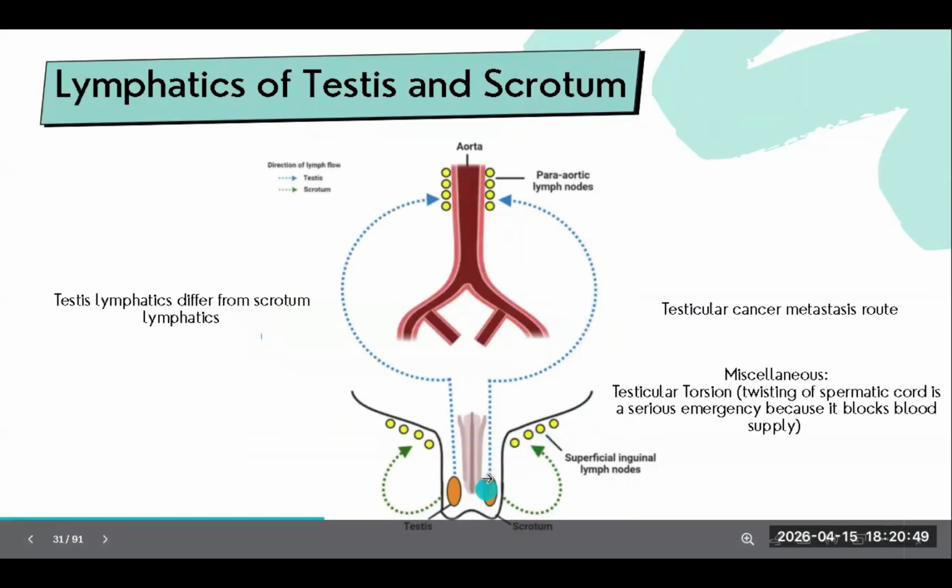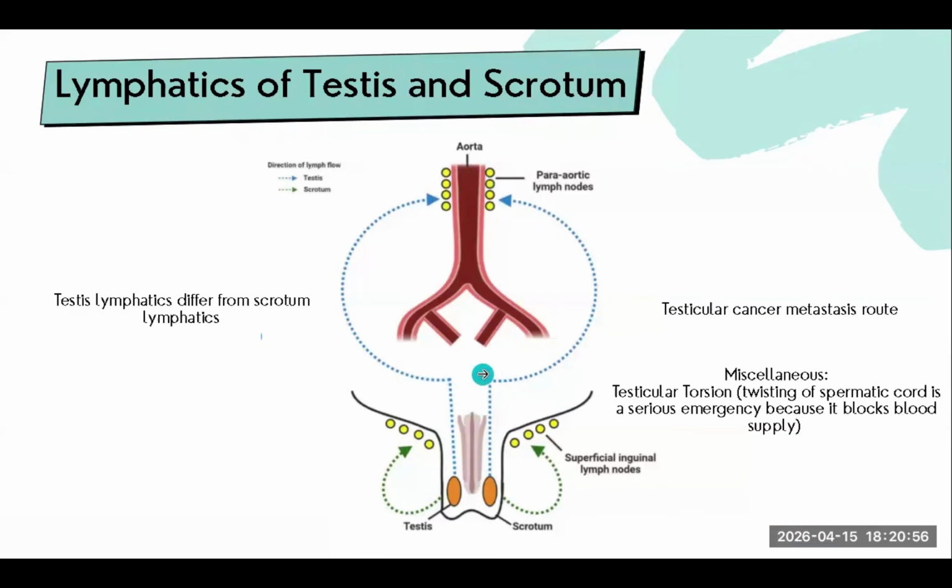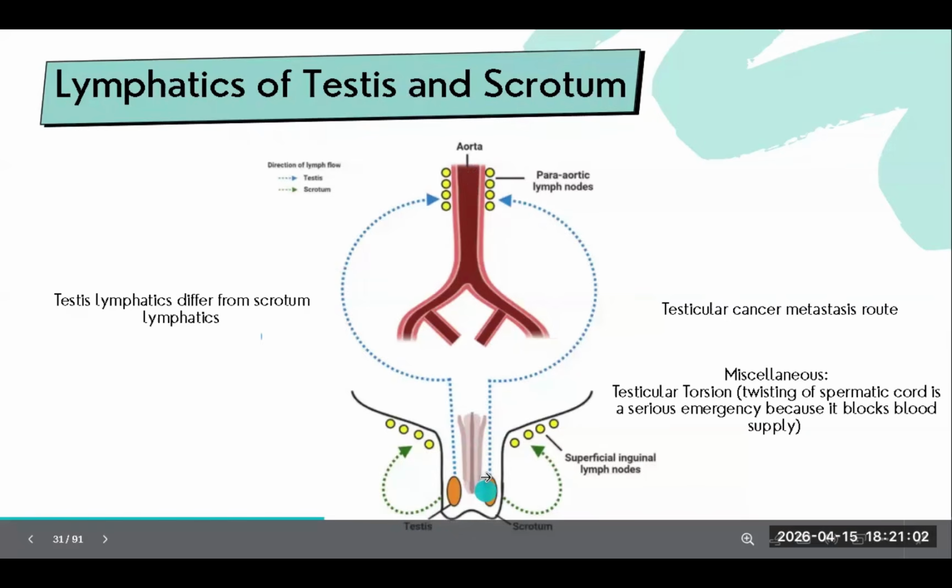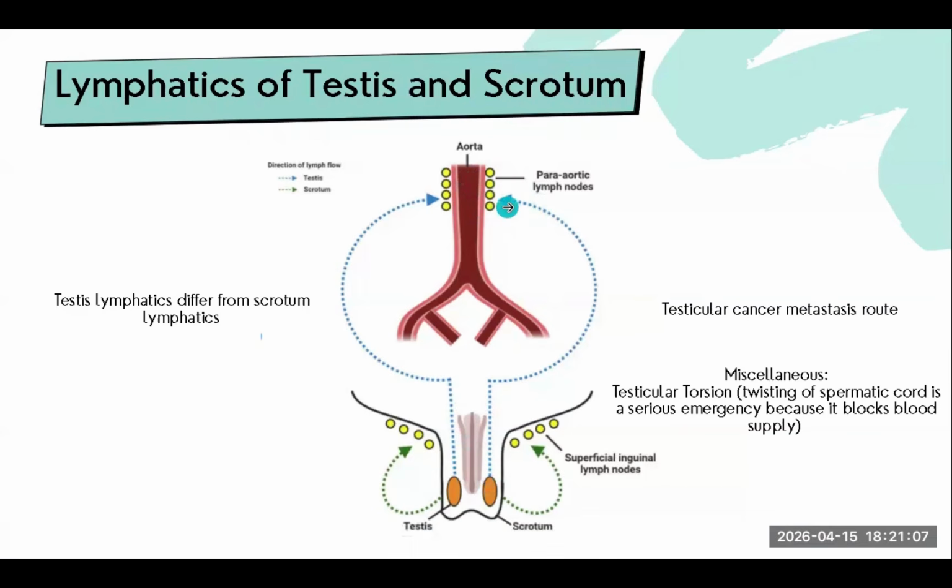However, the testes would drain into the para-aortic lymph nodes. And generally, you should know this by now, lymphatics are a way that cancers can spread. And therefore, testicular cancer can spread through this route to the para-aortic lymph nodes, okay?